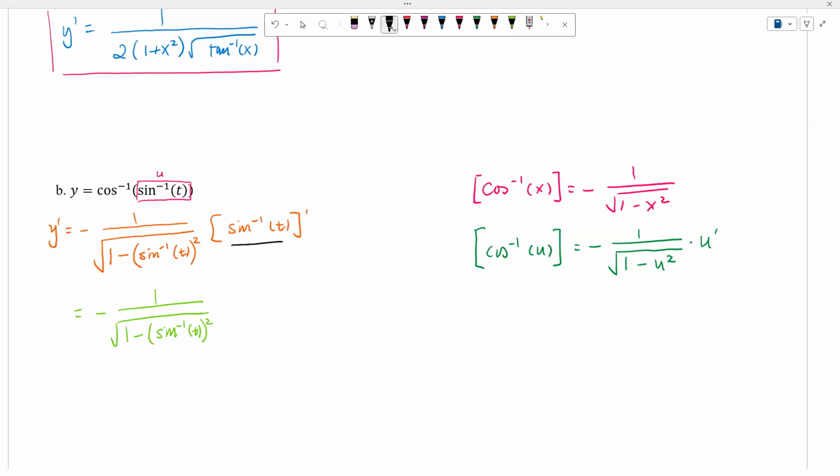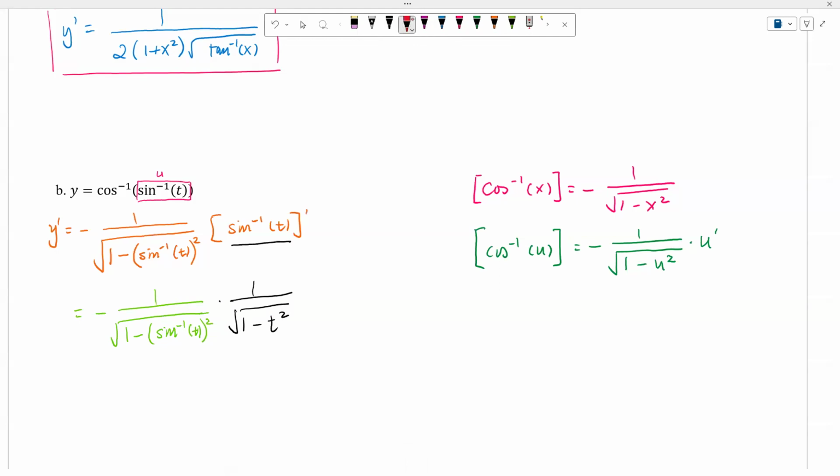Then what I need to do is just show that the derivative of the sine inverse of t is 1 over square root of 1 minus t squared.